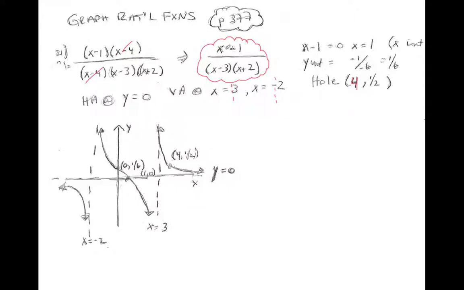I plugged 4 into the cleaned up function to get a half. I plugged in 0 to the cleaned up function to get 1/6. I set the numerator equal to 0 to get the x-intercept. The degree of the numerator was 2 over degree 3 in the denominator. Since the denominator was more powerful, my horizontal asymptote is at y equals 0.